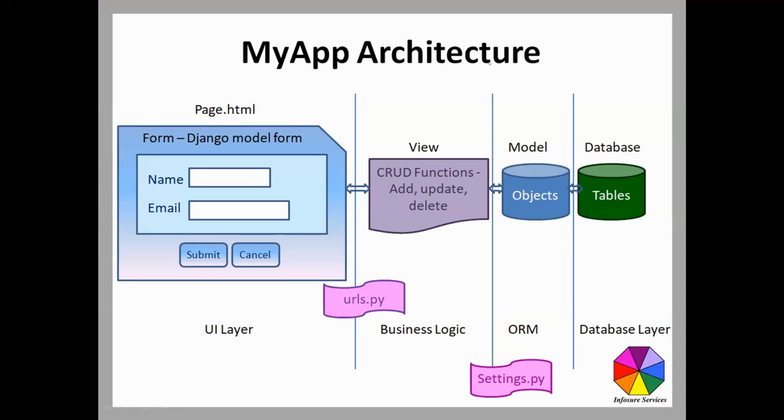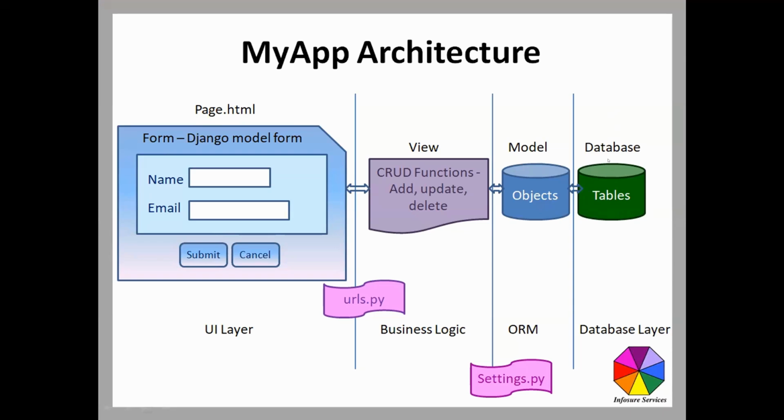Here it follows the concept of model view template. So in Django development, typically in a client server application, you have the database at one end. Here we have a SQLite database. This is the database layer. It has various objects like tables and schema and all that.